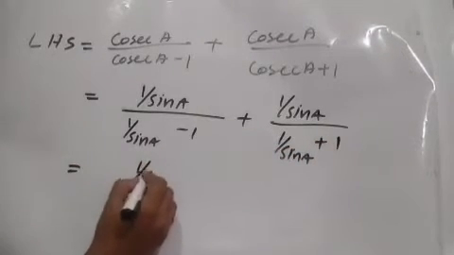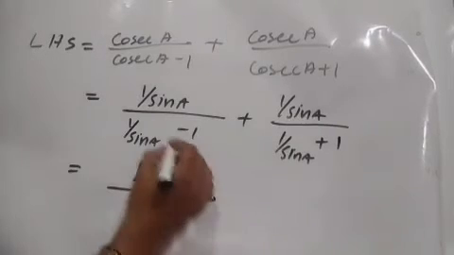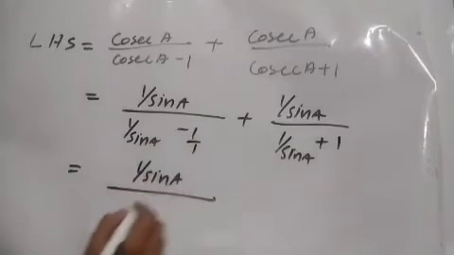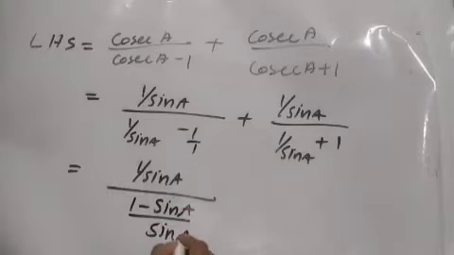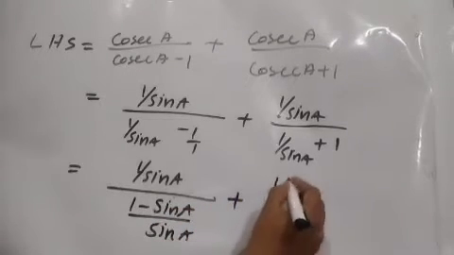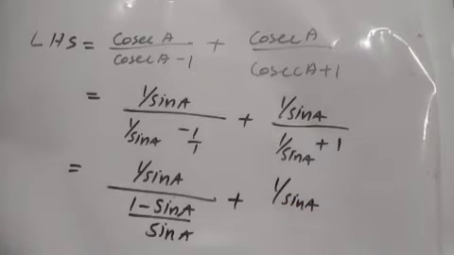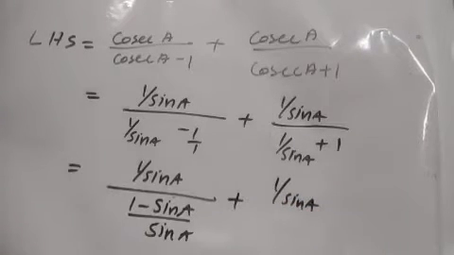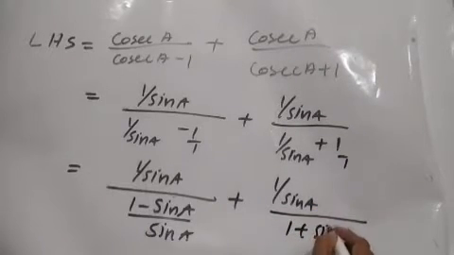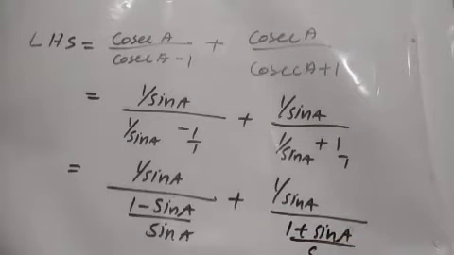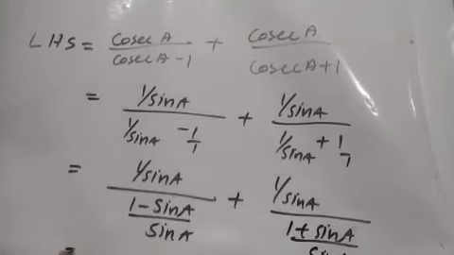Take the LCM. 1 by sin A divided by 1 minus sin A divided by sin A. Similarly, this one, 1 by sin A divided by 1 plus sin A by sin A.